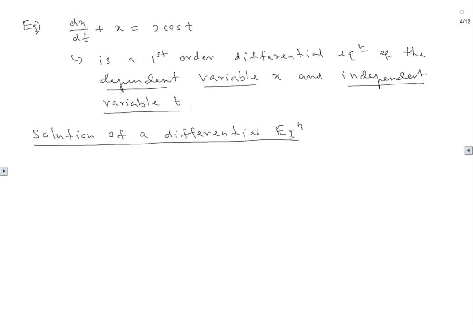So what do you mean by solving a differential equation? Solving a differential equation means you try to find a function, dependent function y or x, that satisfies the differential equation, right?